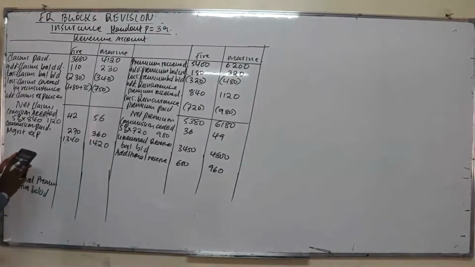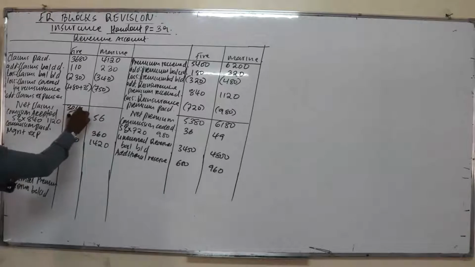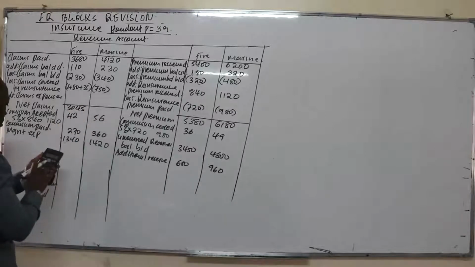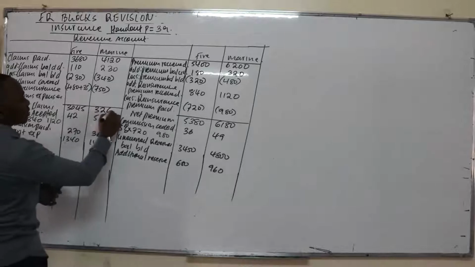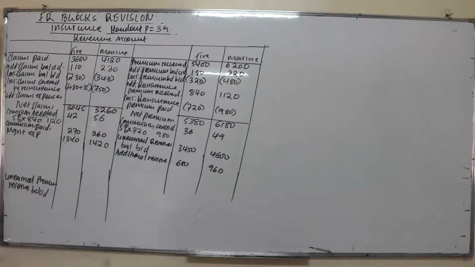You deduct 230. There you have 3045. You have that 260. So now we need to provide an unearned premium balance carried down.